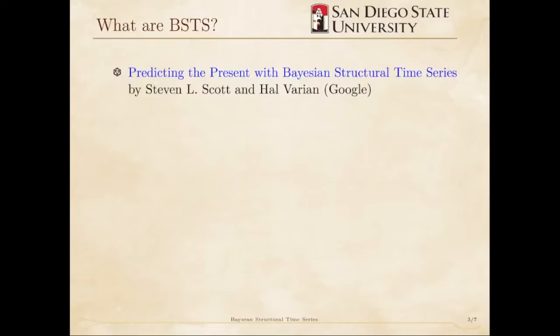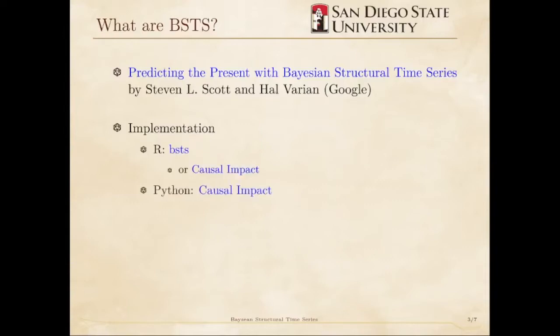They use this technique in their paper to forecast economic data that is only periodically released by combining historical time series data with Google search data as covariates in order to nowcast the economic indicators in between their release dates. We will be implementing the model utilizing the R package BSTS, but if you so choose, Python has a causal impact package that has Bayesian Structural Time Series built in as well.